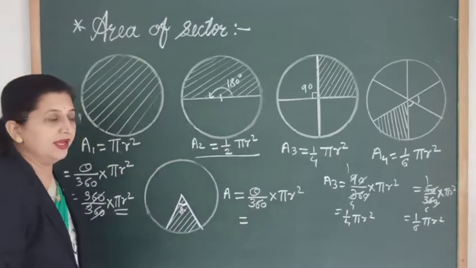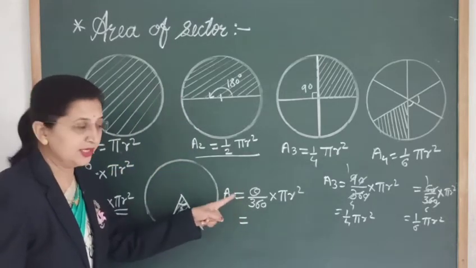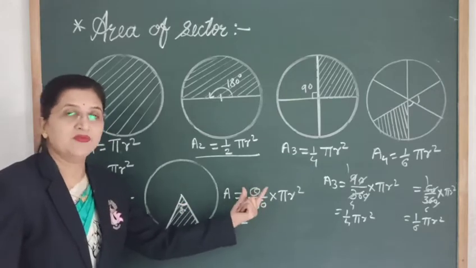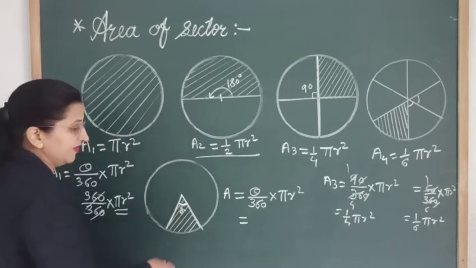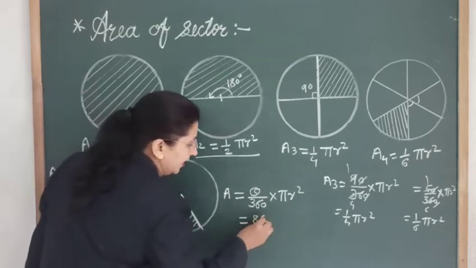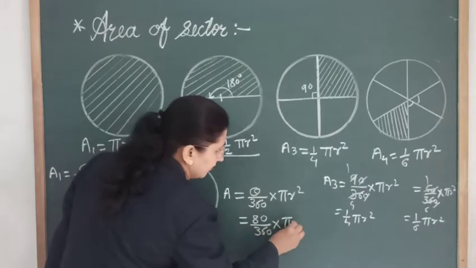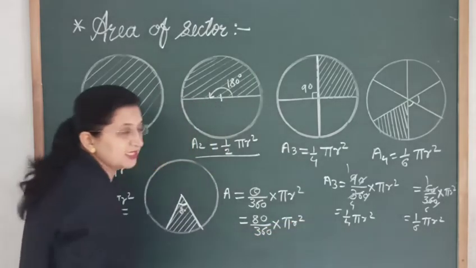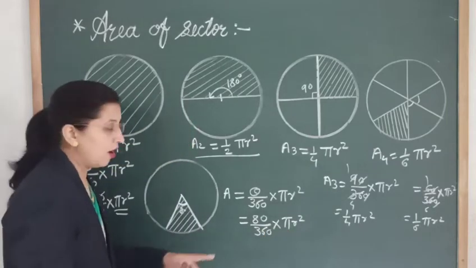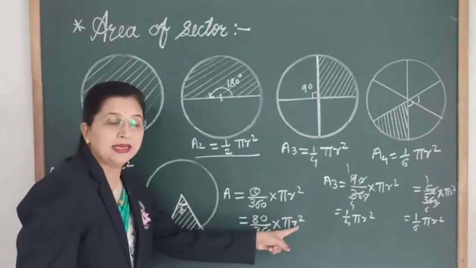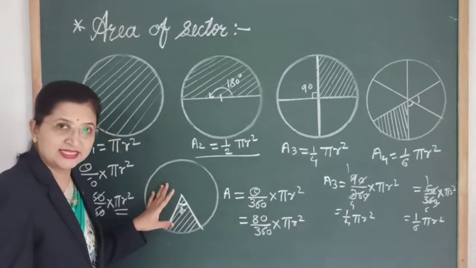If we take the central angle divided by 360 into pi r square, we can find out the area of any sector. Here theta is 80 degree, and if we consider any radius, then by putting the values of theta and radius, we can find the area of any sector.